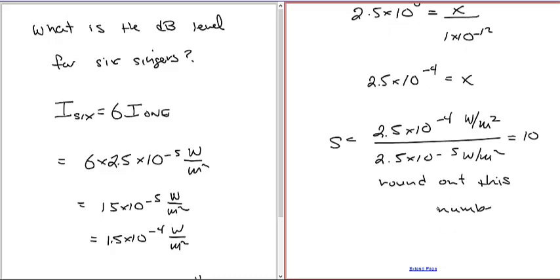That's why it says exceed. In this case, it was exactly 10, so I don't have to round up. Okay, so those are the two possibilities that I may give you. The key thing is knowing how to convert from decibels to sound intensity, and knowing that if you have multiple things of the same sound intensity, you multiply by the number of objects you have.